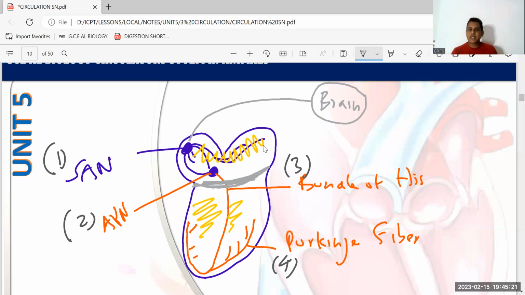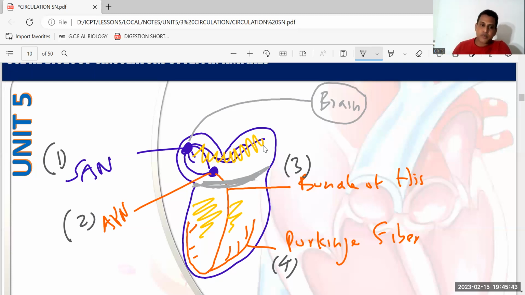That is the cardiac cycle. So that's one of the most important lessons in this circulation: the structure of the heart, the conducting system, and the cardiac cycle. So these three represent the most important parts of this lesson.